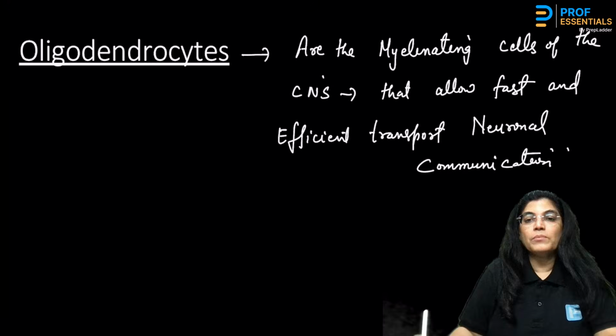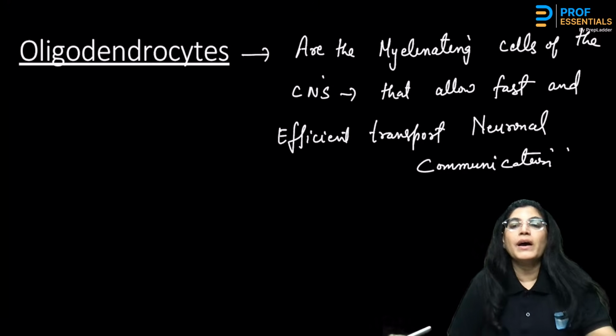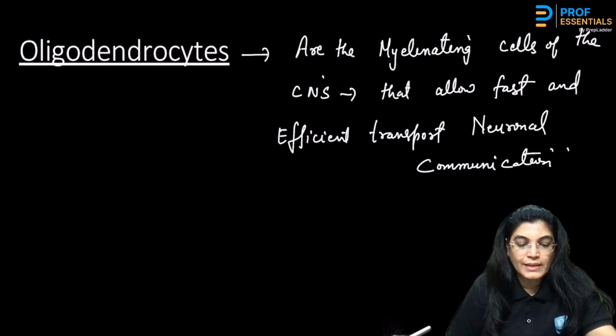This neuronal communication happens via the myelin sheath. So that is an important point.